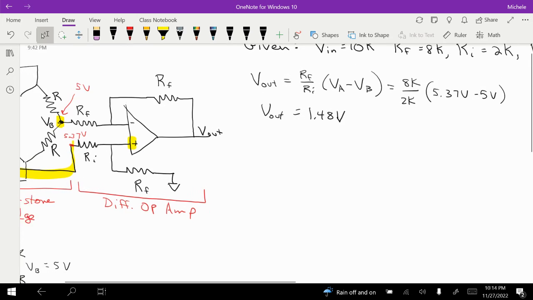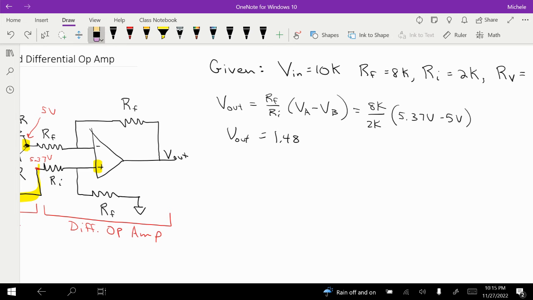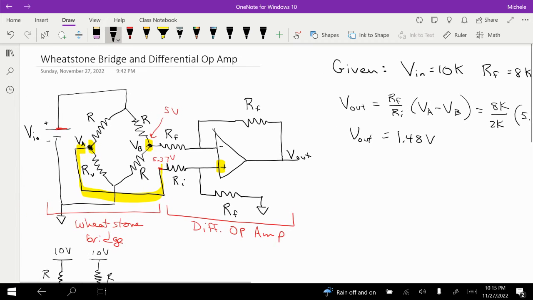So what we want to do now is go through the steps and figure out what our voltage drops are across our resistors. This is volts, and then I have these marked wrong, so let me just erase. This RF should be RI. Okay.